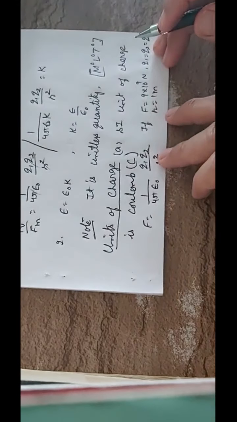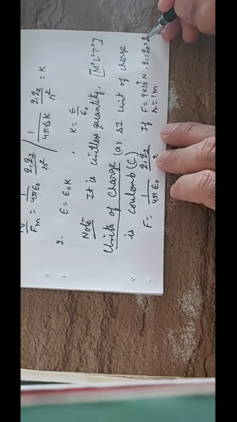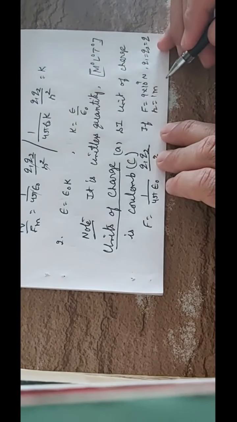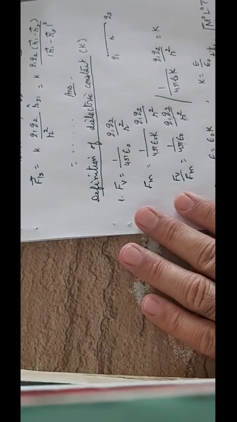What I have assumed: force is 9 into 10 to the power 9 Newton, Q1 and Q2 both are equal, let us say Q, and the distance between the charges is 1 meter. Then let's check what happens.